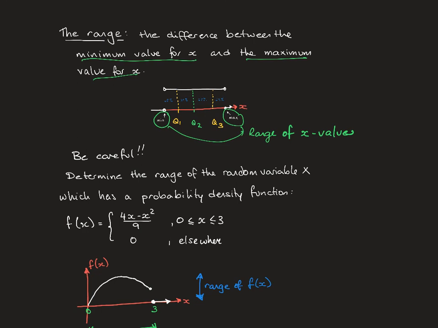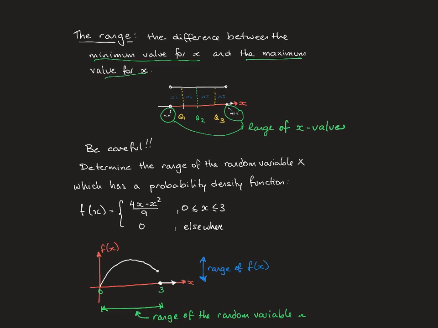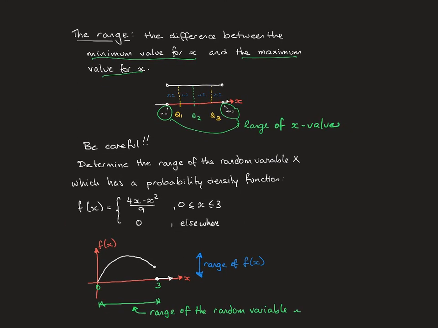And so that's the bit that trips people up. What you're actually after when you ask about the range for a probability density function is the range for the random variable x, not the range of f of x. So just watch out for that one. That's a tricky one.